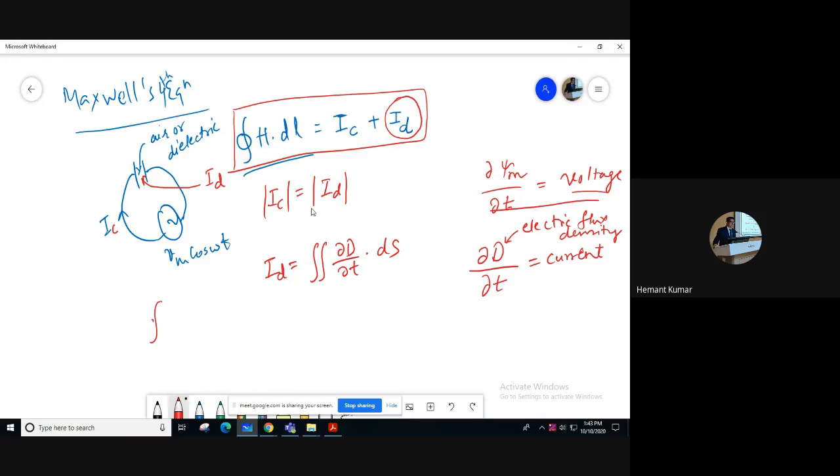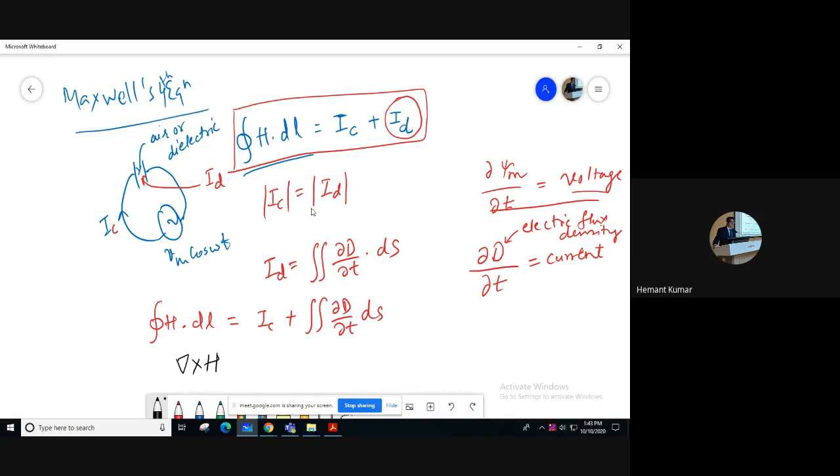So the equation will become H dot dl equals IC, the conductional current, plus curl D by curl T ds. This is the integral form of Maxwell equation. Similarly, you can calculate the differential form by applying the Stokes theorem.